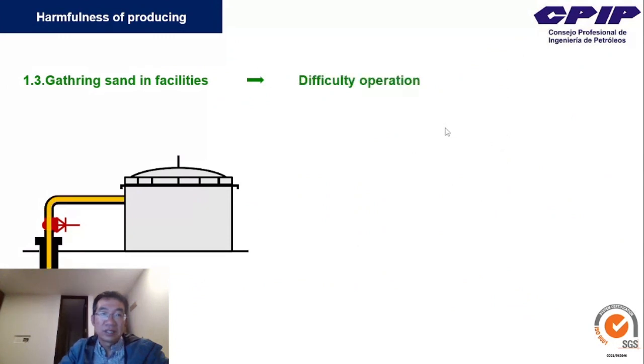And the third harm, let me see the picture. The sand produced from the well goes to the tank more and more, and it makes operation difficult. And the fourth is the appearance of caves and collapse. We can see the picture.